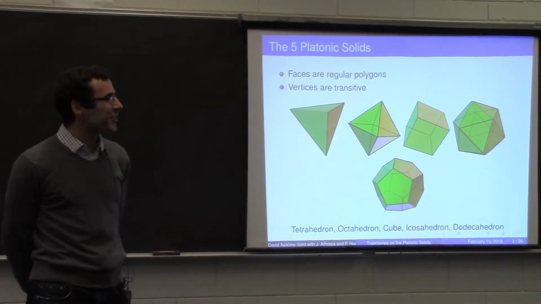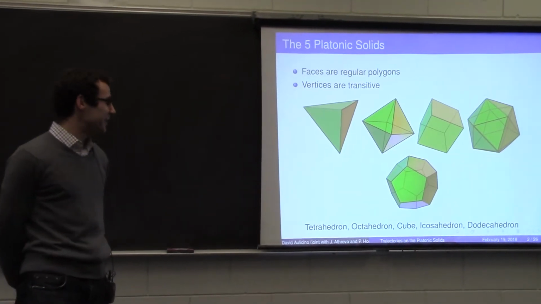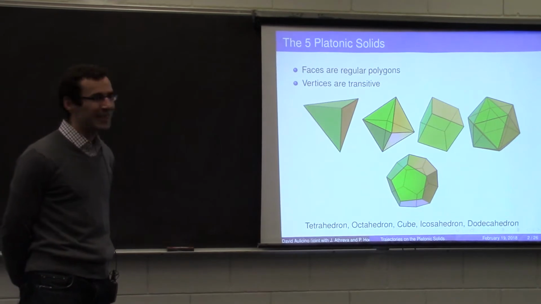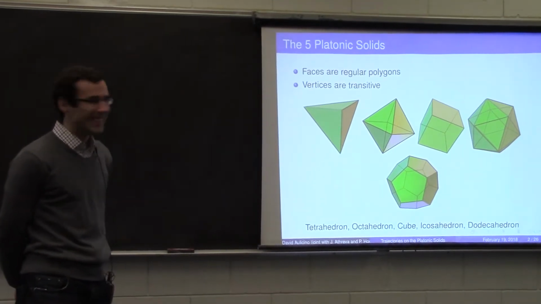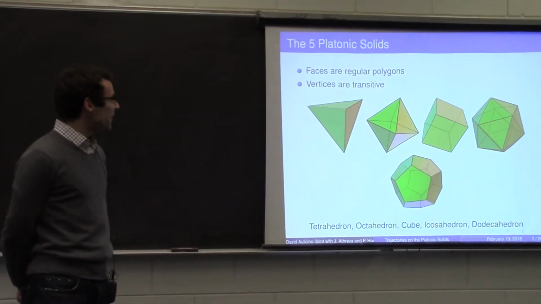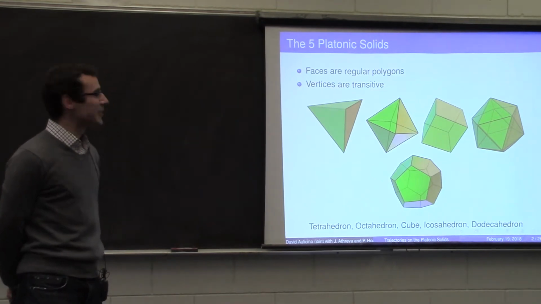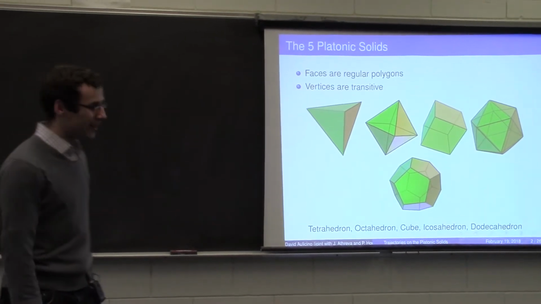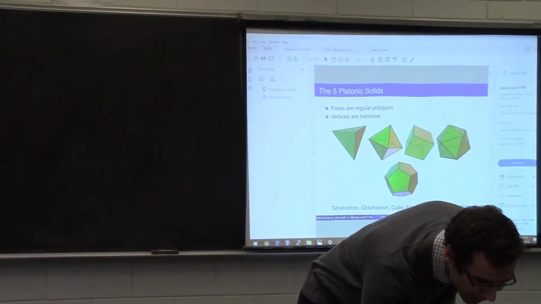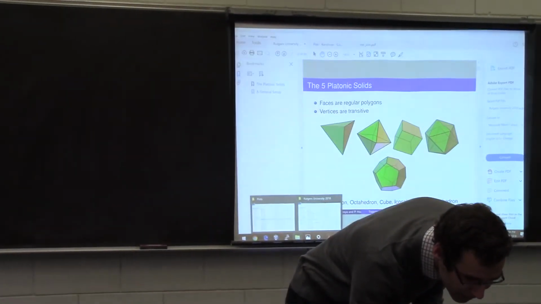Just to recall them, because when I started this project I had forgotten exactly what they were: the faces are regular polygons and the vertices are transitive. I pulled some animations off the internet.